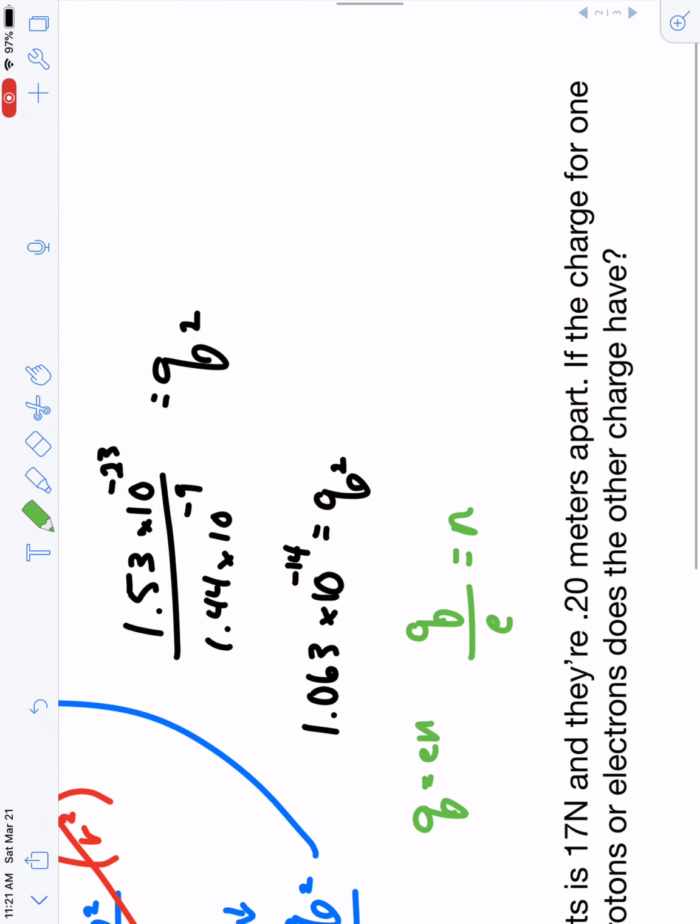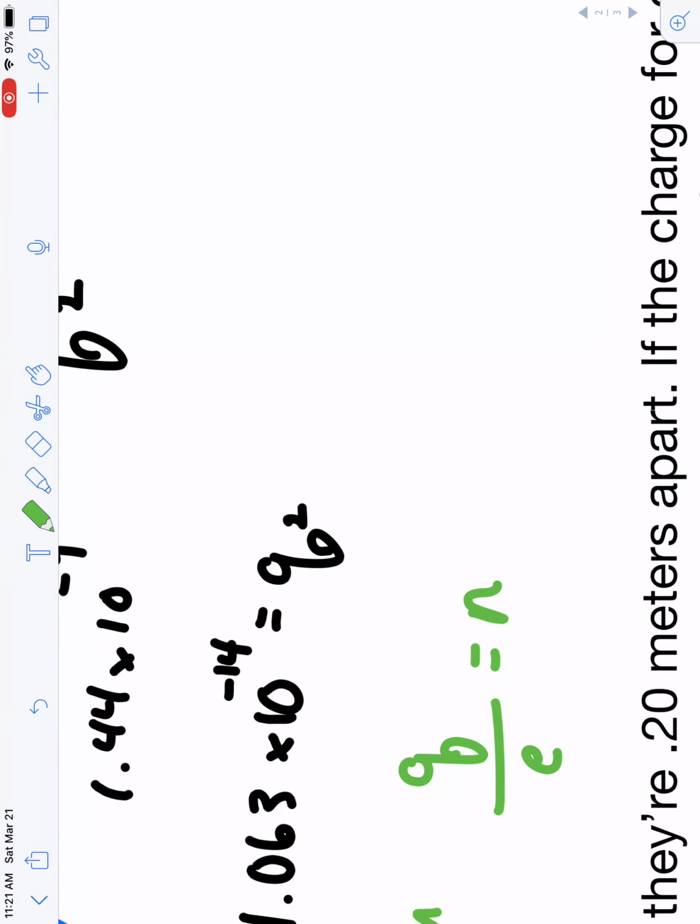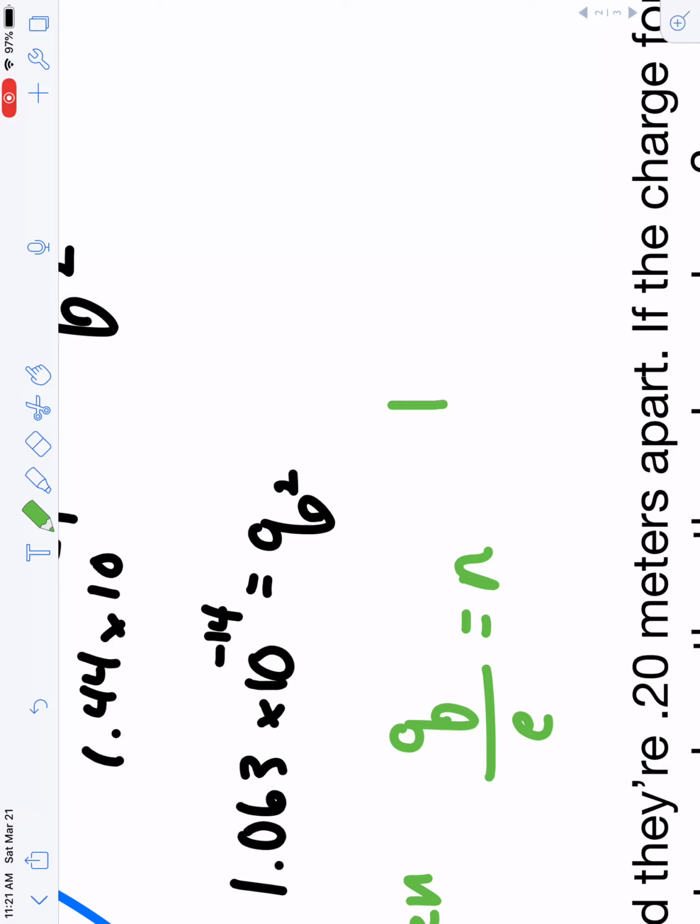So let's test this out. Again, I made these numbers up on a whim, so I don't know if this charge is realistic or plausible quite yet.